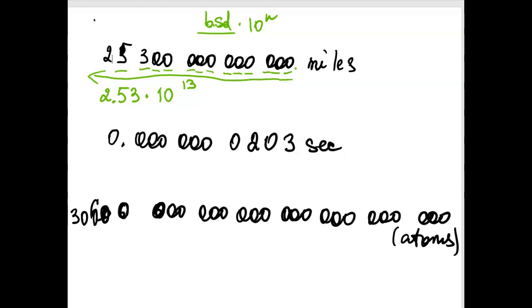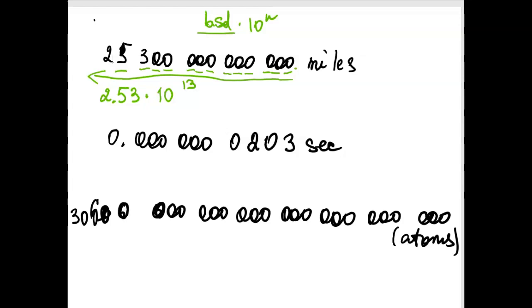So let's recount, please. 1, 2, 3, 4, 5, 6, 7, 8, 9, 10, 11, 12, 13. Yes, I'm correct. When I moved the decimal point to the left, I made this number smaller. But using 10 to the power of 13, I am making this number the same as before.